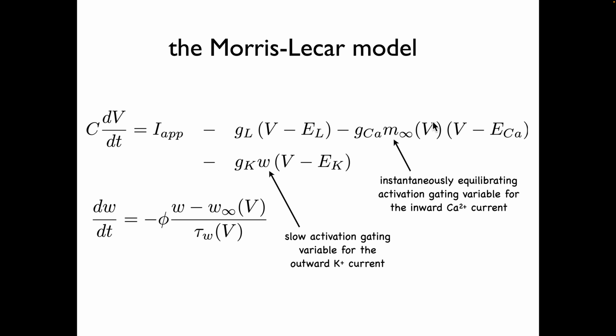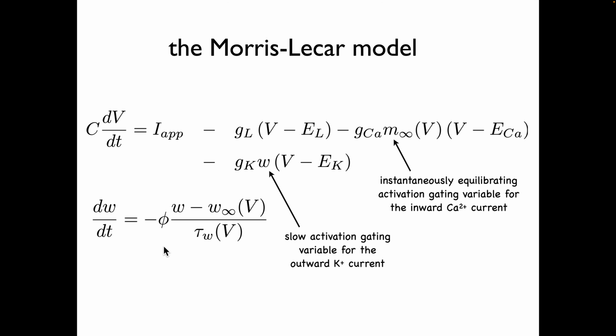So doing this allows us to eliminate the gating variable equation for M and just plug in this algebraic function for the steady state value of M in the term representing the inward calcium current. We still have a gating variable for the outward potassium current that's part of this model.